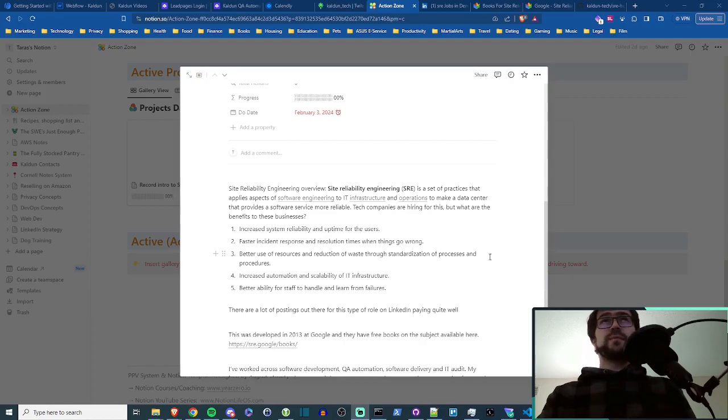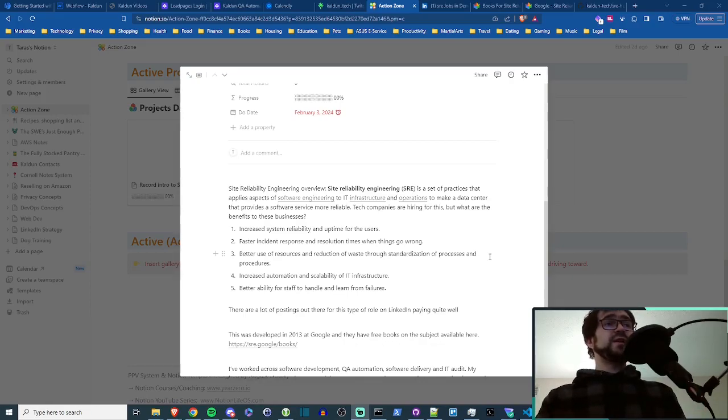These businesses might be working with some service level objectives and service level agreements where they need to have 99.9% uptime for their service. And so they want to have people on staff working towards that, hopping on calls with customers and finding problems, and then getting in there and developing solutions to make things better long term.